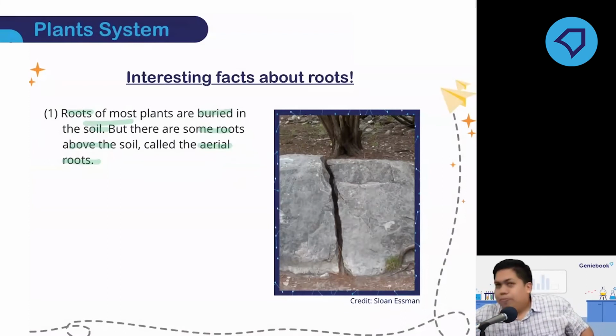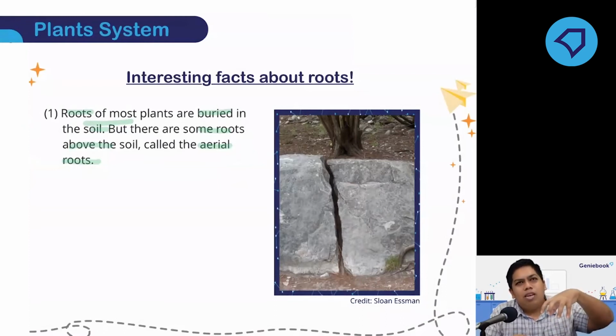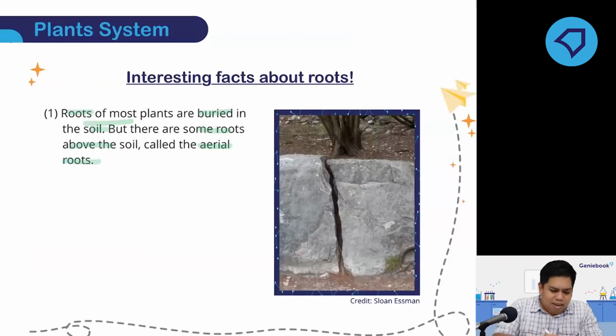Hold on. In swampy places where the soil is usually very soft and easily sinks. So that's where you see the aerial roots above the ground. All right, very good for those who managed to see it. Let's look at the next one.